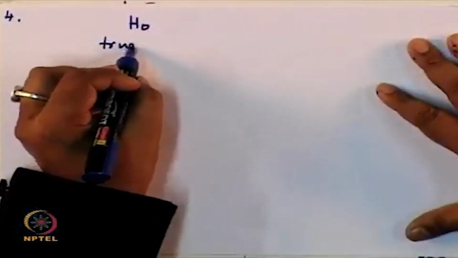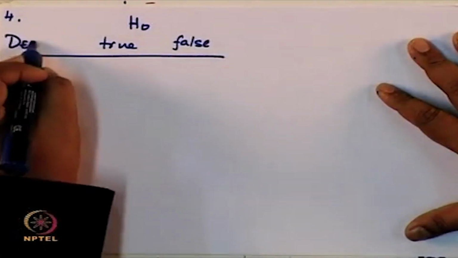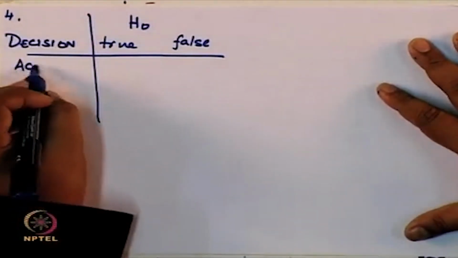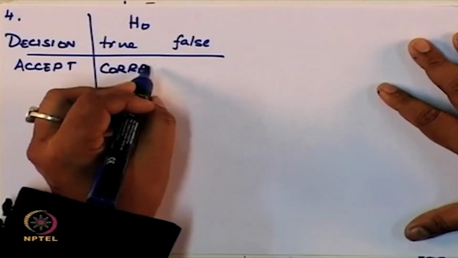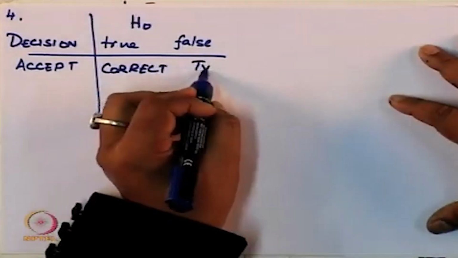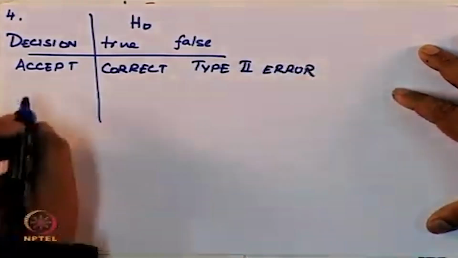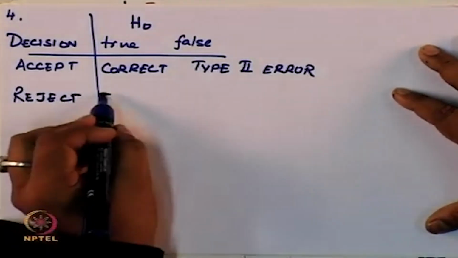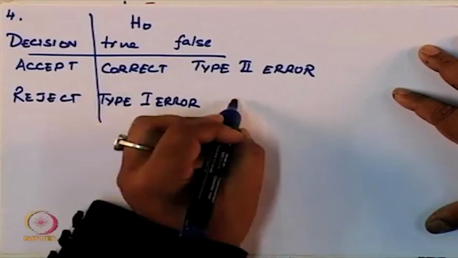So, if I were to write down this plot again, let us say you have H naught is true or H naught is false, and you have a decision. If you accept that H naught is true, this is correct, but this is called a type 2 error. If your final decision is reject, this is your type 1 error, and this is correct.